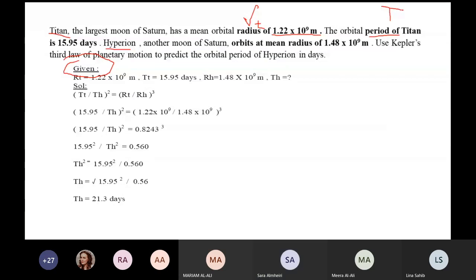Okay. So the first step, did you get me? Letters T and T here. This is R and this is time. Both of them following Titan. Did you get me? Yeah. Then you have a full stop here.